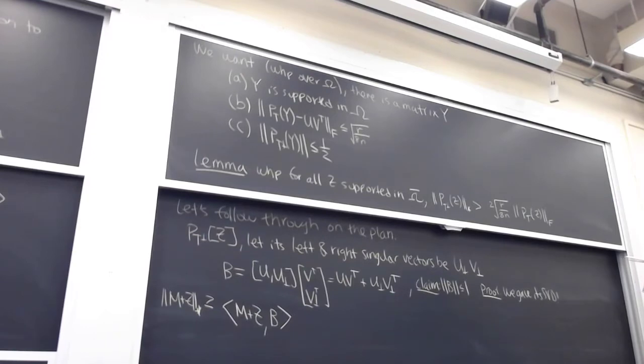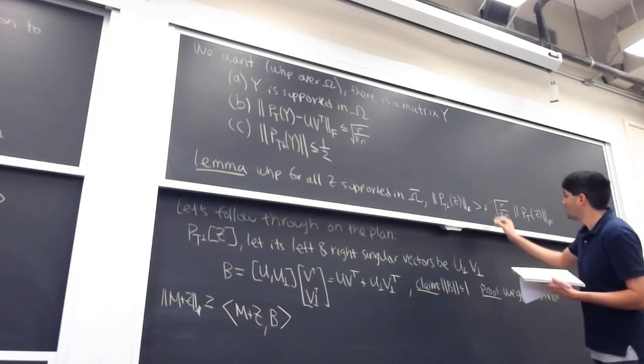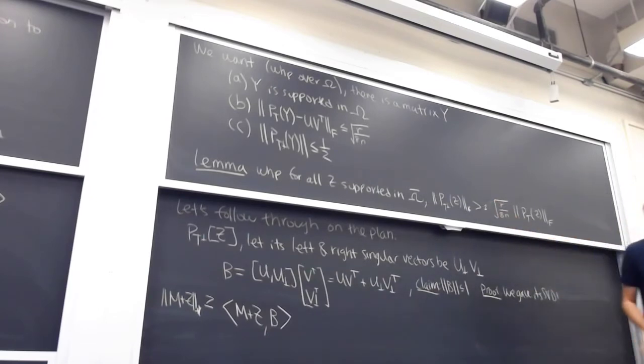Sorry, what? Is that 2 times the square root? Yeah, 2 times. These constants actually aren't going to matter because we're going to prove that this is really, really true via a matrix Chernoff bound, so I wouldn't worry too much about it.